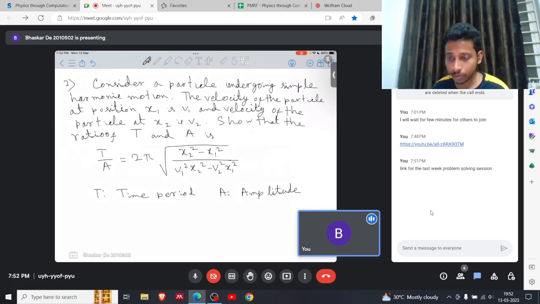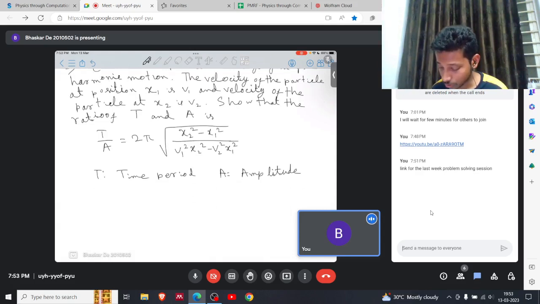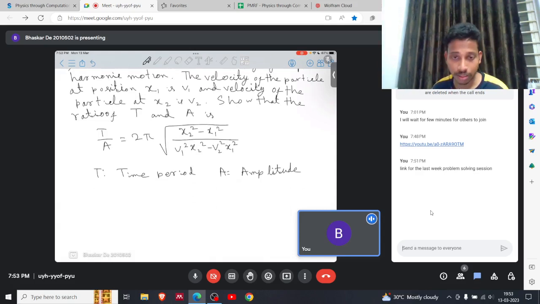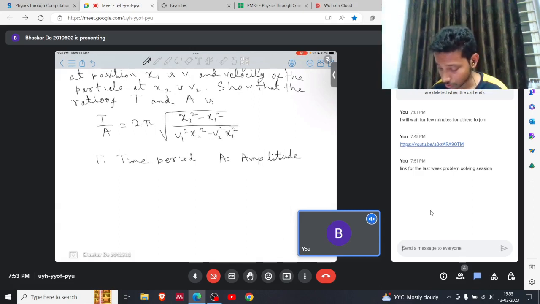So this is the problem: consider a particle undergoing simple harmonic motion. The velocity of the particle at position x1 is v1 and the velocity at x2 is v2, so that the ratio of time period and amplitude is given by this equation.